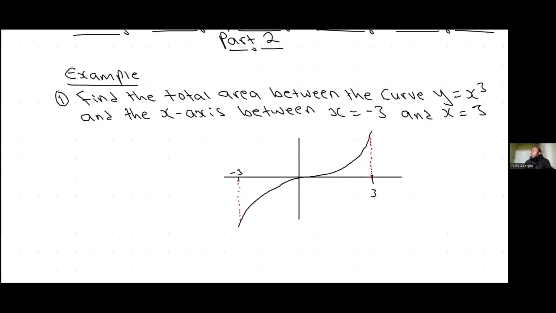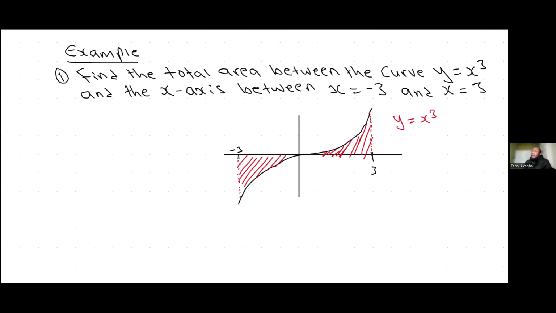We're finding the area bounded by this curve here and this curve here. Let's assume this is the curve we have, and we're told that this curve is y is equal to x cubed. All right, so let's start solving.